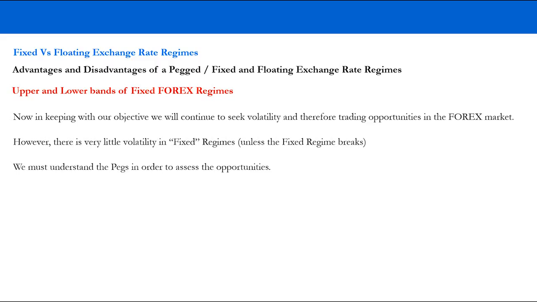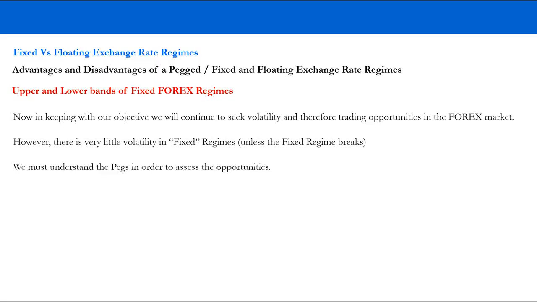In fixed regimes, there's obviously very little volatility unless the fixed regime breaks. And that means the central authorities basically decide not to support their currency anymore, or decide in some way to leave the regime.